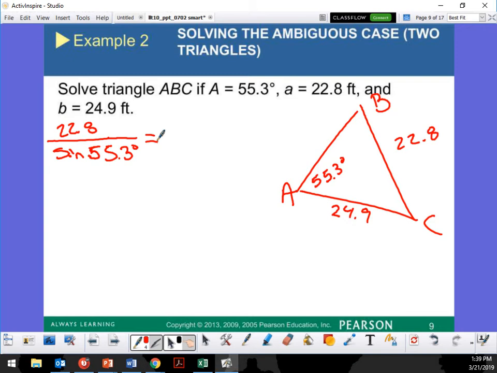What do I write now? 24.9 over sine of big B, right? So, I want you guys to do the math, do the cross products. Make sure you're writing it in your notes, because I want you practicing at this. You're going to do a lot of this. I got 63.9.